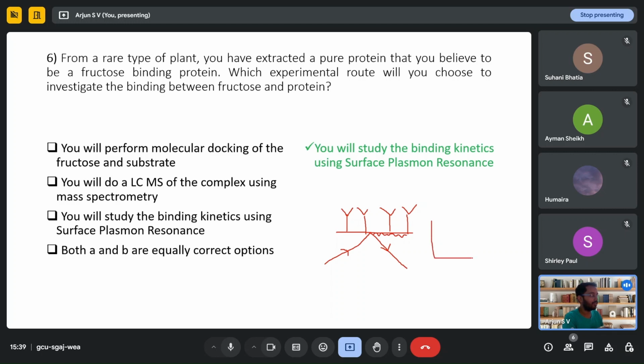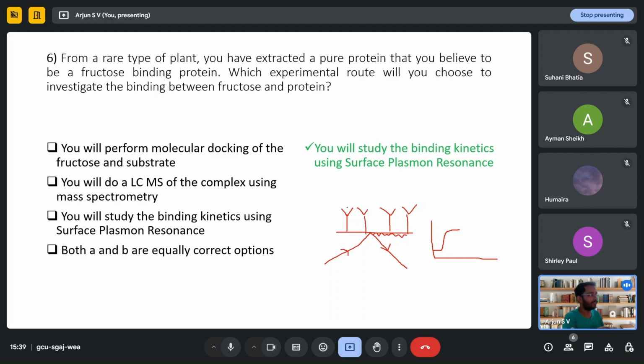If you are tracking intensity over time, you are going to observe a baseline.